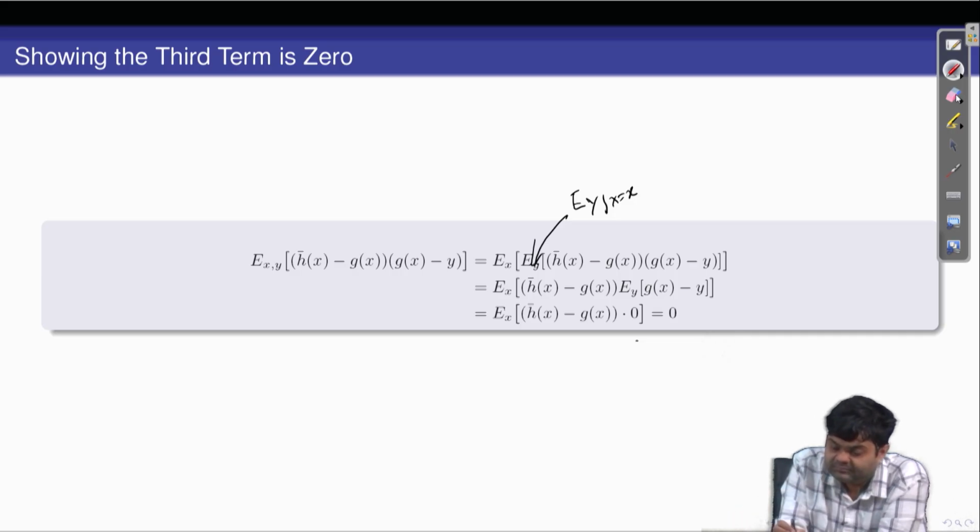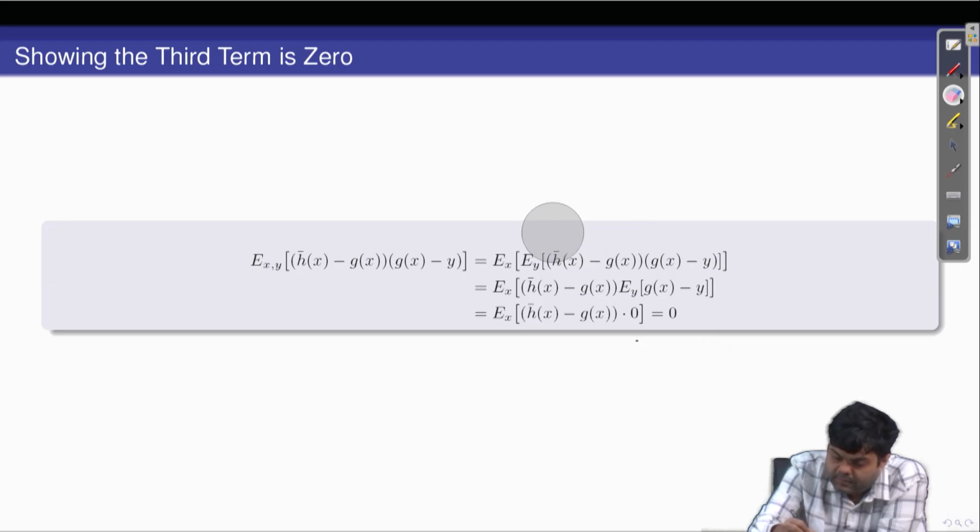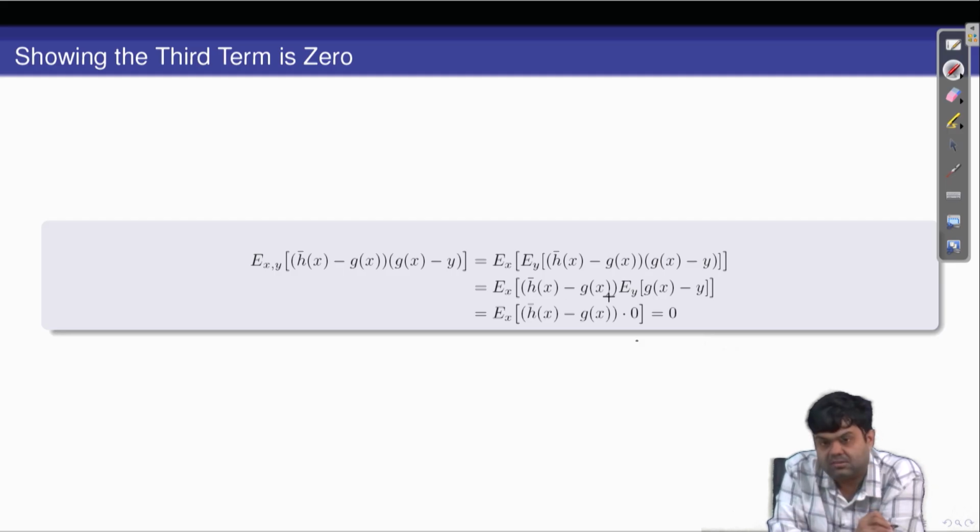Now, because you are doing it with respect to y, this term, which is just a function of x, goes out, and bingo.